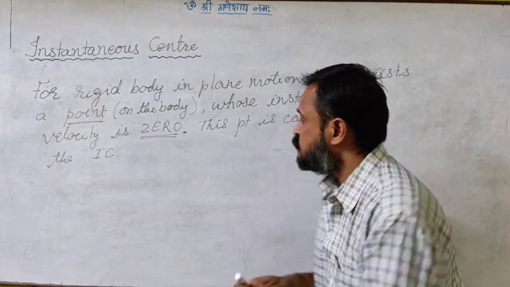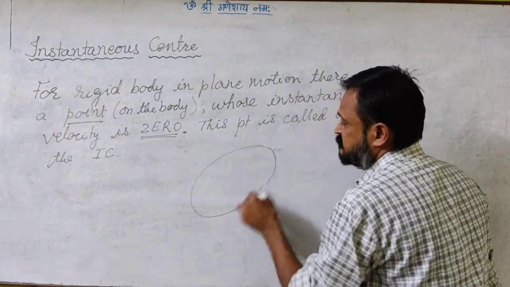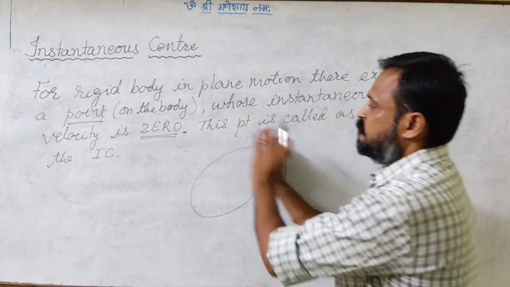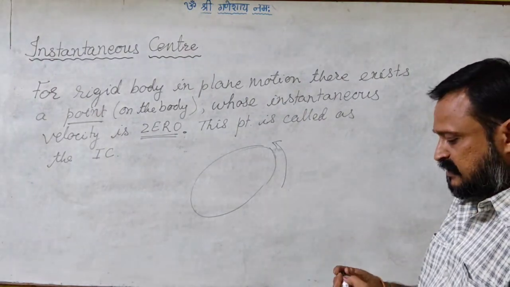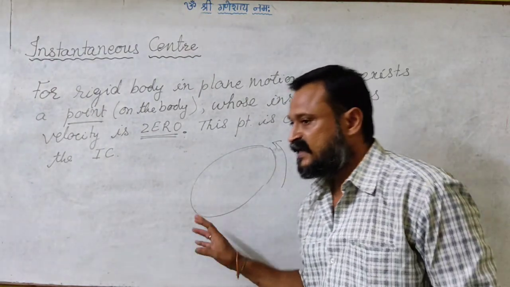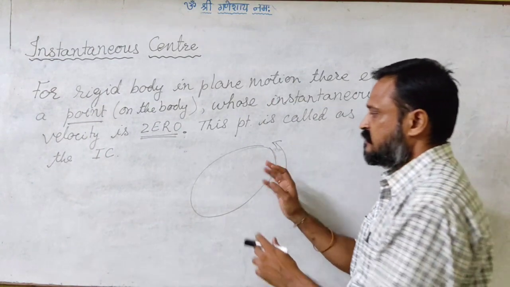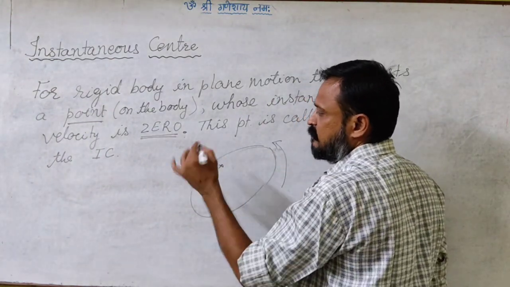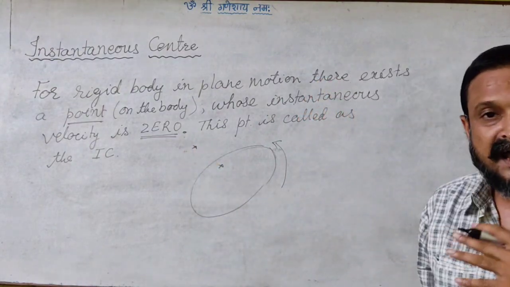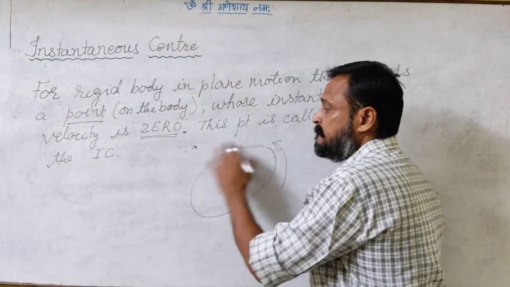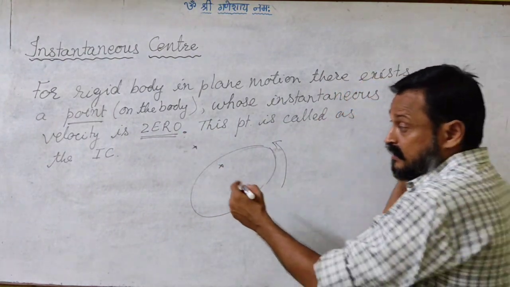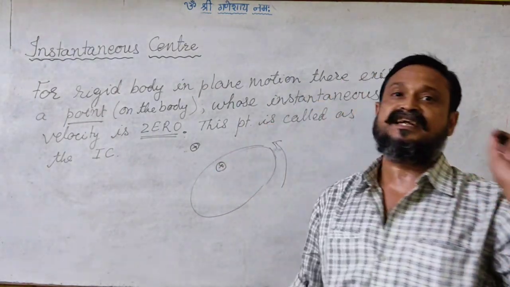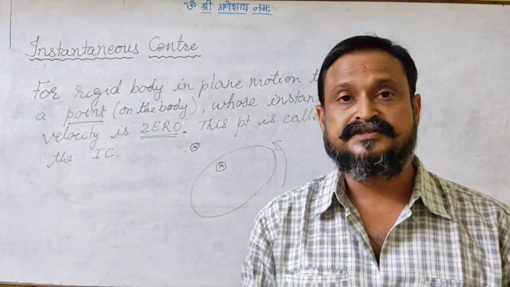Let us say this is a rigid body under plane motion. There exists one point, which may be on this body somewhere here, or may lie beyond the physical boundary of this body, and its instantaneous velocity is 0.